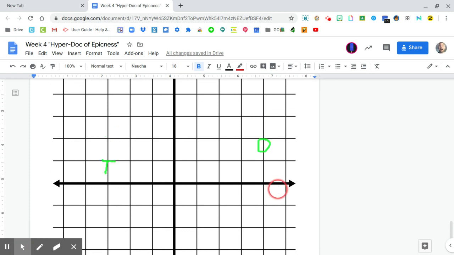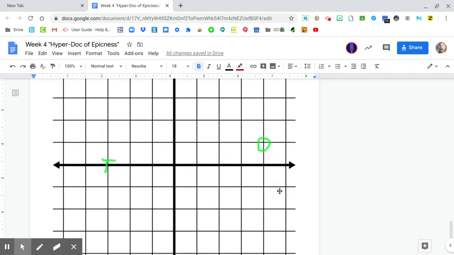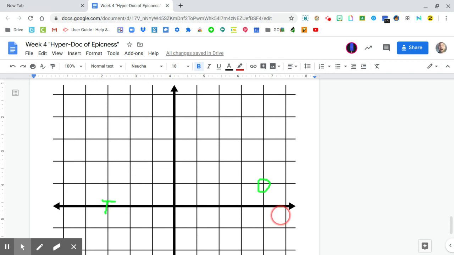You're going to need to start plotting more random letters of the alphabet all over the place, at every possible ordered pair or point on the coordinate plane. Oh, I already did S. Forgive me, it's early.